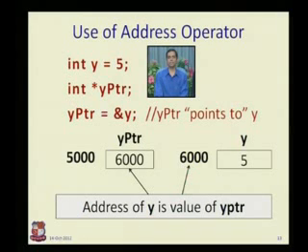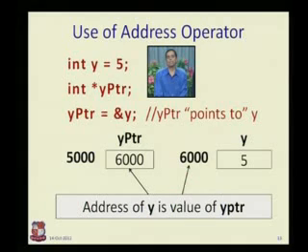Y is initialized with the value 5 on the right hand side block, and it has the address 6000. So now when I do yptr is equal to ampersand of y, this address operator, that means this 6000 is stored in the yptr. Now yptr's own address is different from the address of y. Y has address 6000 while yptr has address 5000.